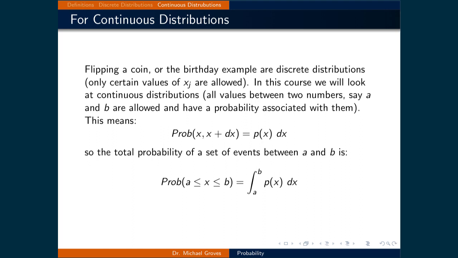This means that the probability of a continuous set of events occurring between x and an infinitesimally small distance to the right of it, dx, is equal to the probability of the events occurring times that tiny distance dx. To widen the range that we want to know the probability of something happening, then we take the integral over that range. Remember that an integral is just a continuous version of taking a sum. So, the total probability of a set of events between a and b is the integral evaluated between a and b of p of x dx.